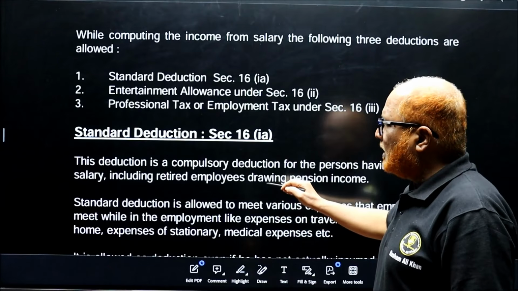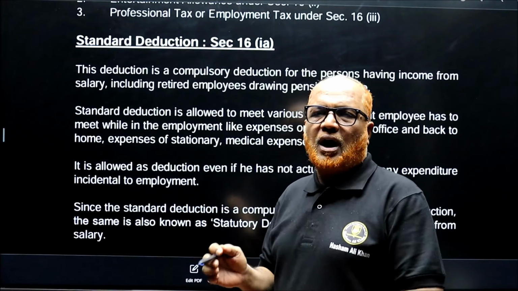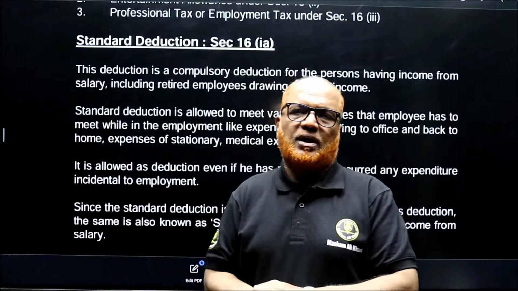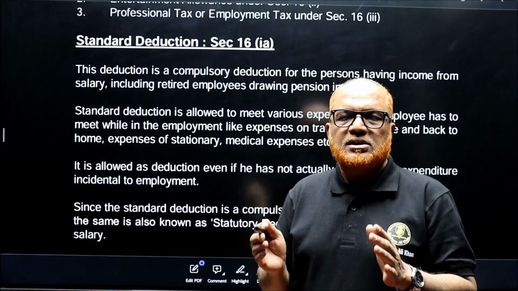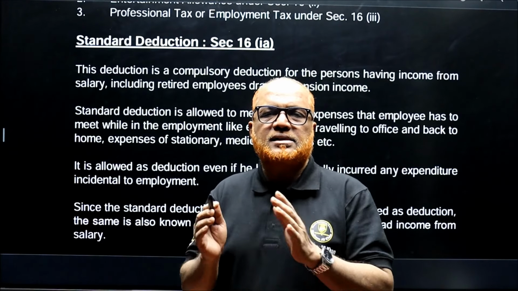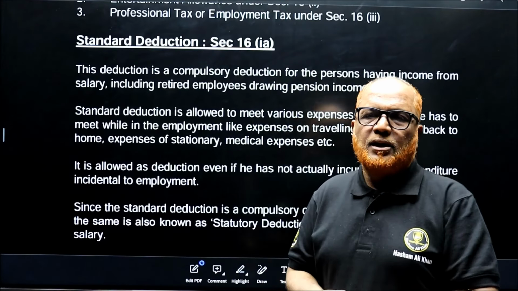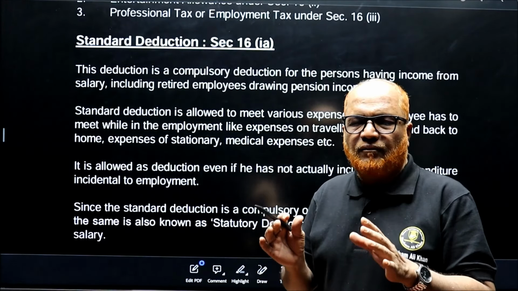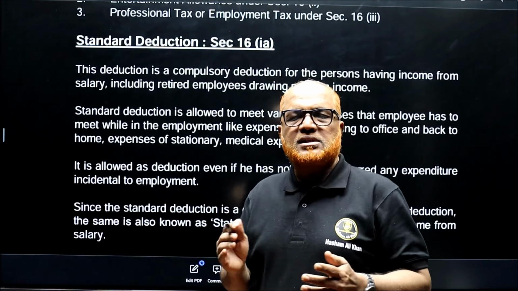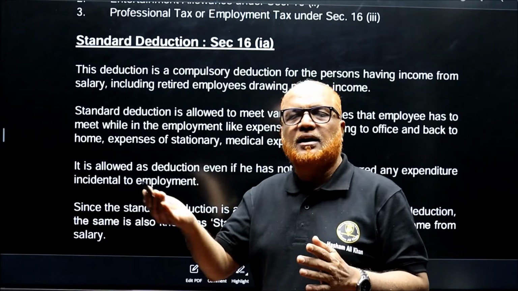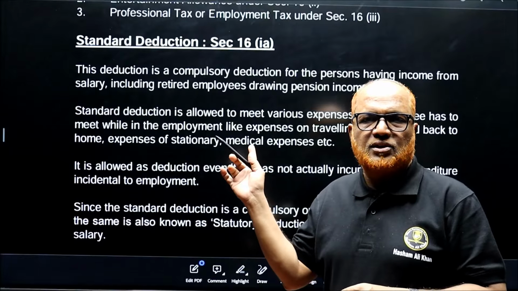First of all, we learn about standard deduction. In the previous examination, they asked a short question for 4 marks regarding this. What is standard deduction? You must know, standard deduction is a compulsory deduction given to every employee who is an SSC. Only if income from salary is there is this standard deduction allowed. Whereas if a person has other incomes like rent from house property or business income, they don't have standard deduction.